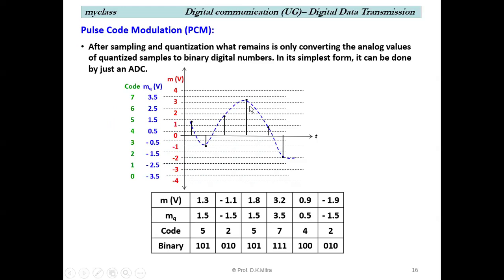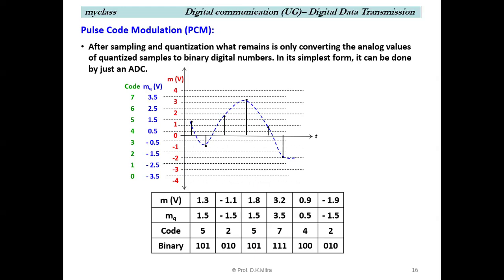You remember that the whole signal has a range. Let's say plus minus 10 volt or plus minus 5 volt. And that range of plus minus 5 volt is divided into a number of steps, let's say 8 steps. So if plus minus 5, that means 10 volt, is divided into 8 steps, each step becomes 1.25 volt.